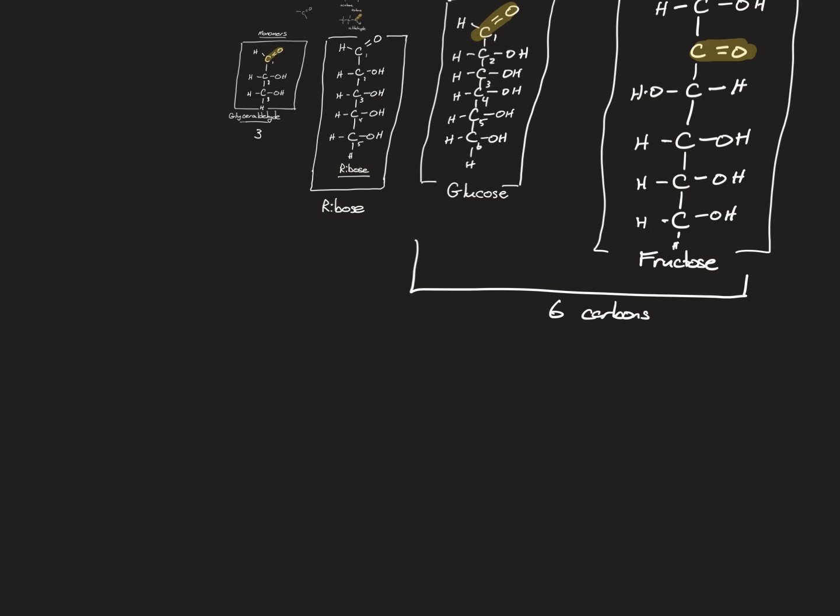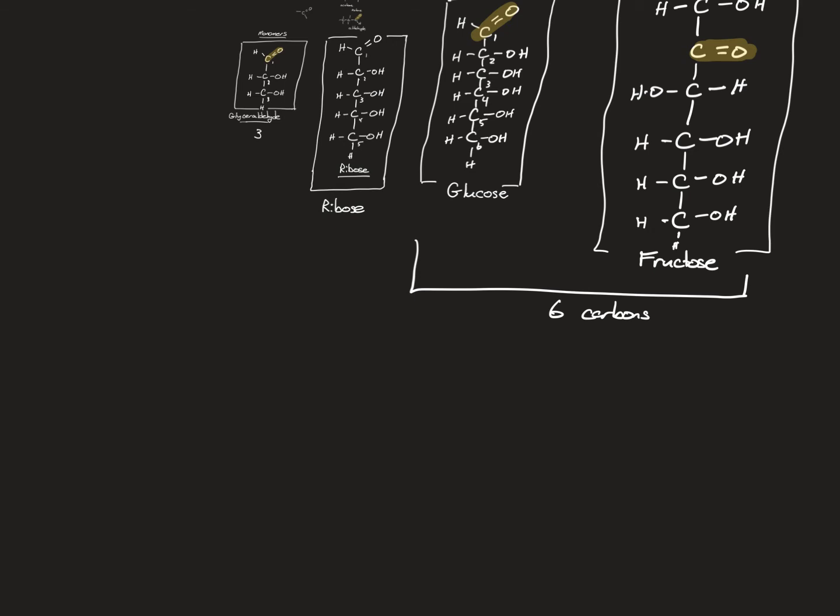Depending on the conditions, you'll find them as rings or as linear molecules. And the only difference is that one of the hydroxide groups, depending on which molecule you're dealing with, in the case of glucose, would be taking the second carbon, the hydroxide group here.